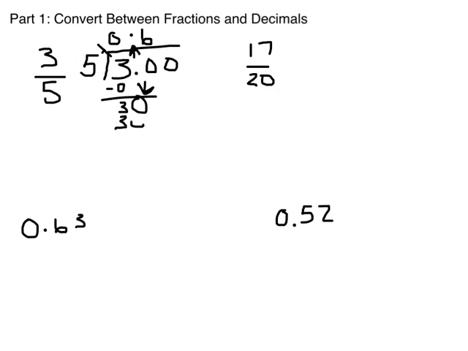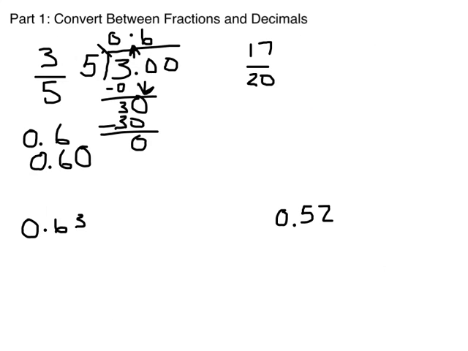It's 30. Now I can subtract. What's 30 minus 30? It's 0. I have no remainder, so I can finish my division there. 3/5 is equivalent to 6/10, or 60/100. They're the same thing. Let's try another example.